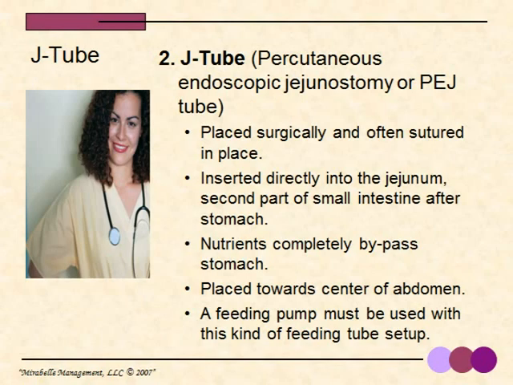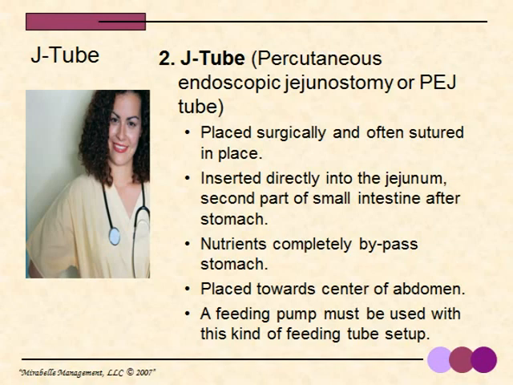A second type of tube is the J-tube, also known as a jejunostomy tube or a PEJ tube. And this is another kind of feeding tube. Like the G-tube, this tube is placed surgically by making a small incision in the abdominal wall. However, the J-tube is connected directly into the jejunum, and nutrients completely bypass the stomach with this type of tube feeding.